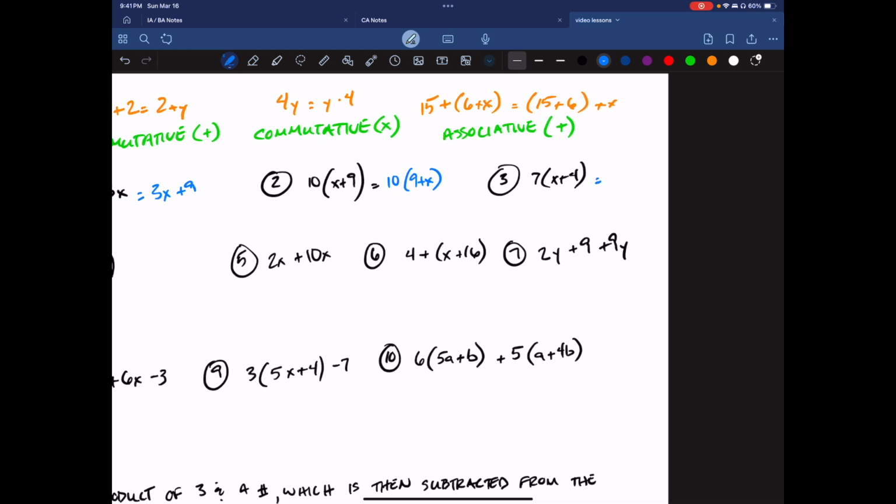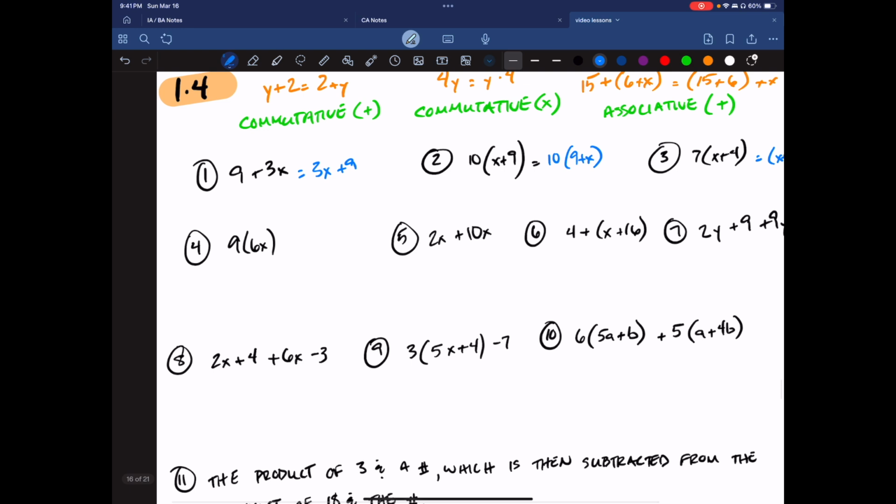So this is going to be x plus 4 times 7. Okay? So their homework will be specific in its instructions, whether to use commutative property of addition or multiplication. But those are what we're dealing with here.